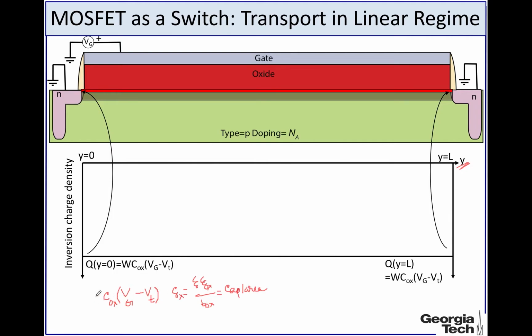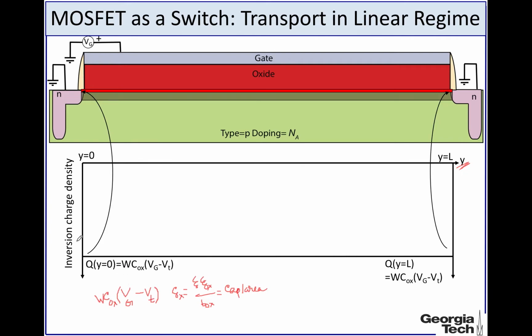If we multiply it with W here, then we get the charge per unit length along the y direction in the channel, and this charge is just the inversion charge; it does not include the depletion charge.